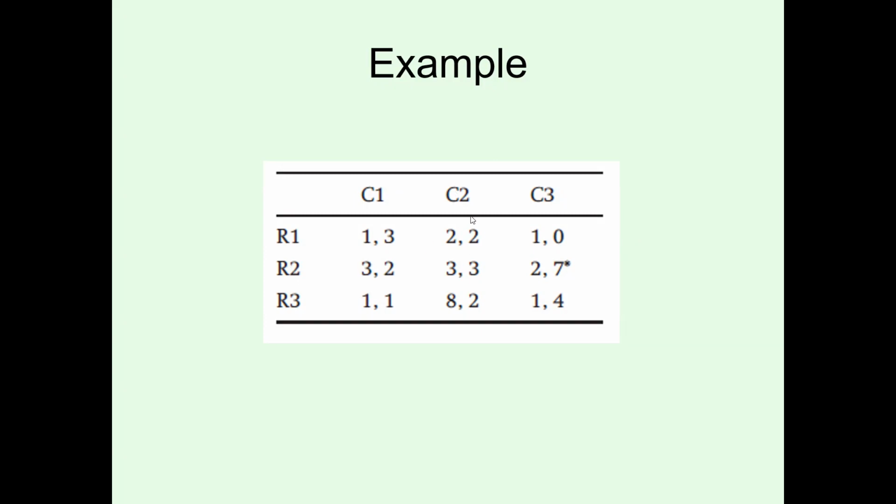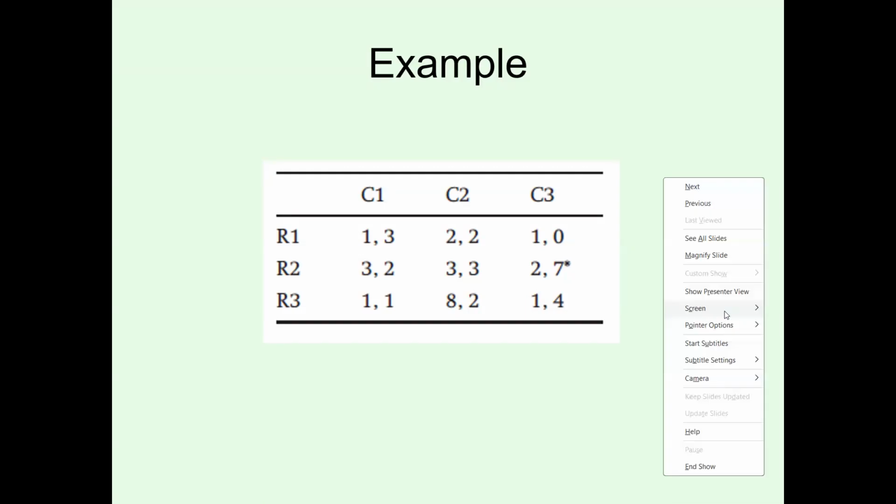If C2, I will also choose R2. If the column player chooses C3, then I will still choose R2. So therefore, I can say that R2 strictly dominates R1. So this means that I can just remove this, no?